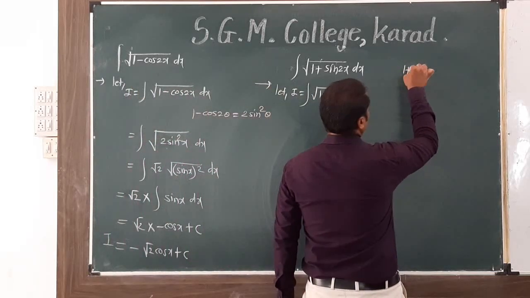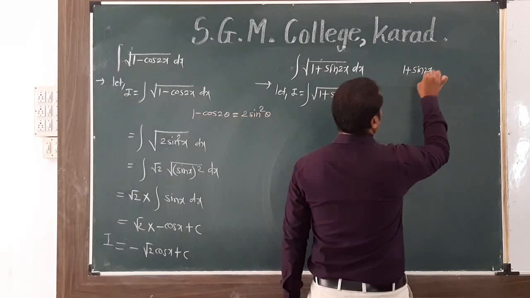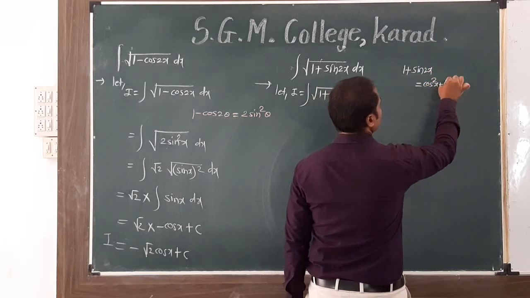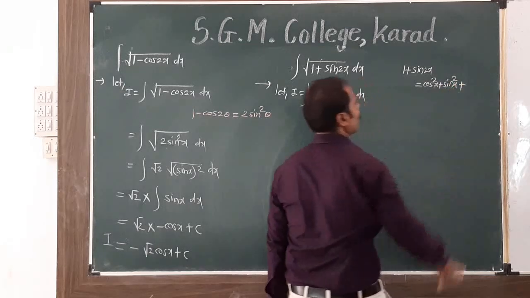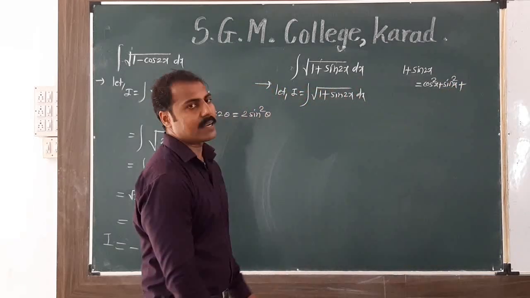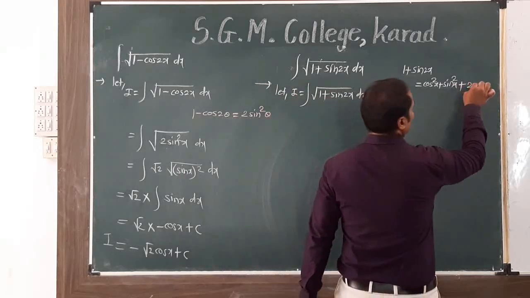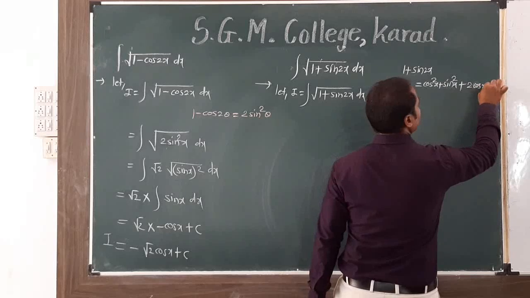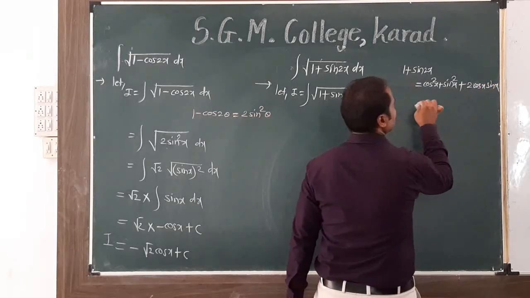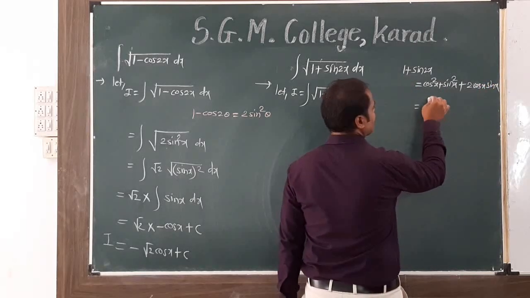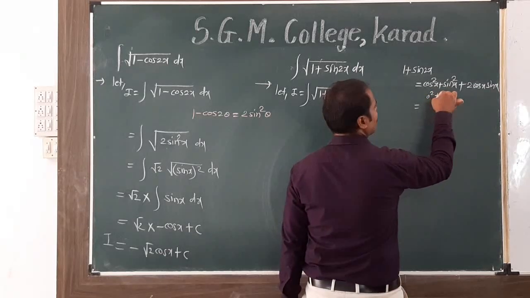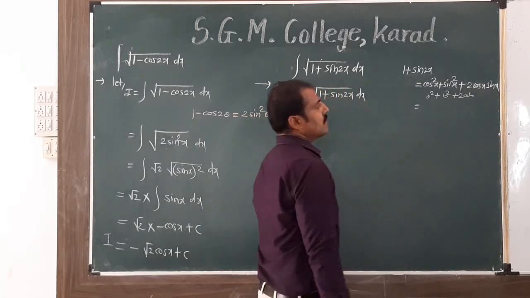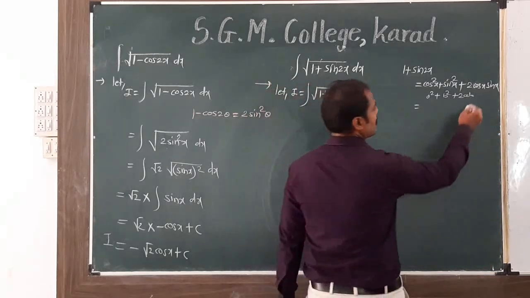1 plus sin 2x is equal to, 1 can be written as cos square x plus sin square x, and sin 2x is nothing but 2 sin x cos x, which is equal to, consider cos x as a square plus sin x as b square plus 2ab, which is the formula for (a plus b) whole square.